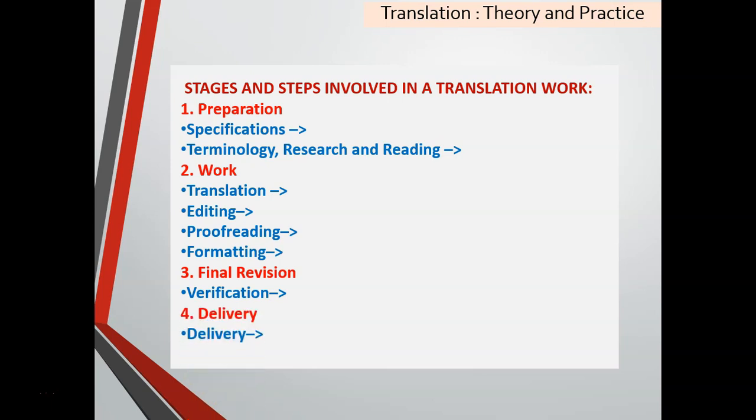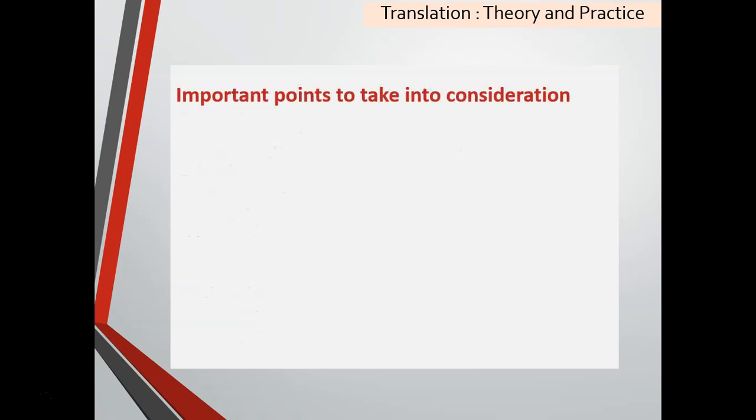Then comes the final stage of delivery or submission to the client. The client receives the translation as per agreed terms and conditions. Some writers come up with other stages and they call them important stages in translation.